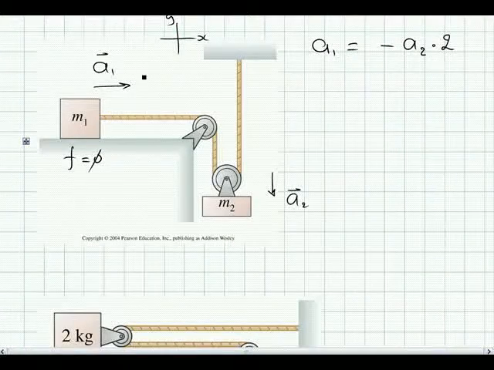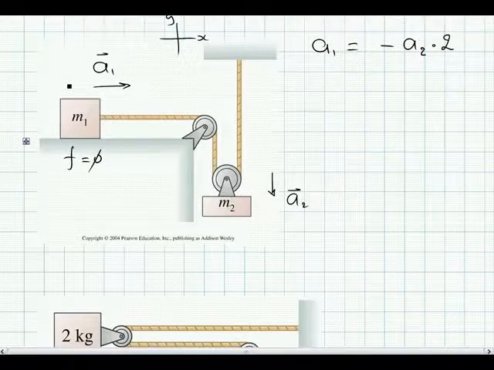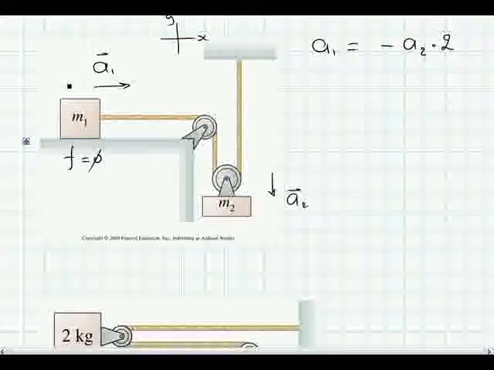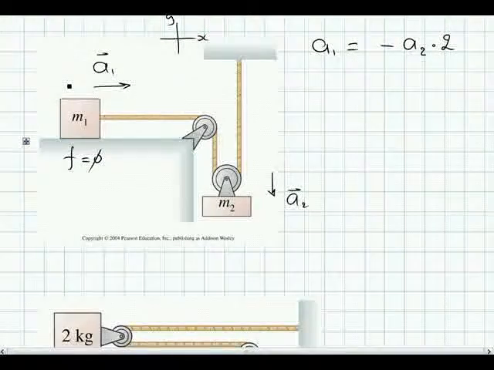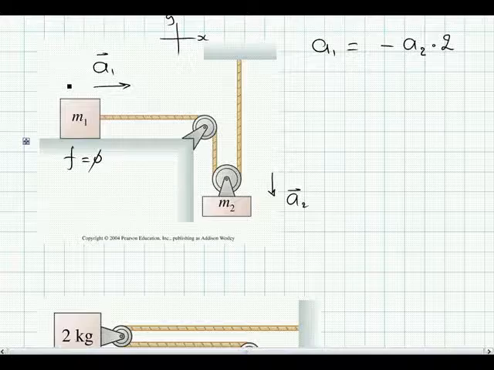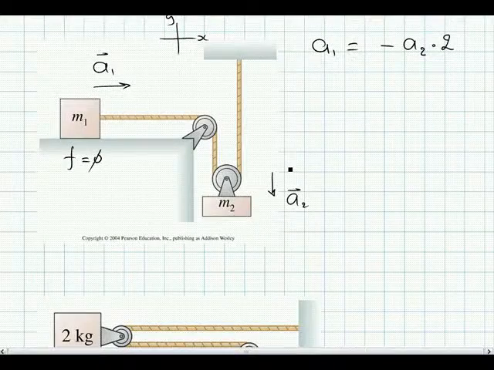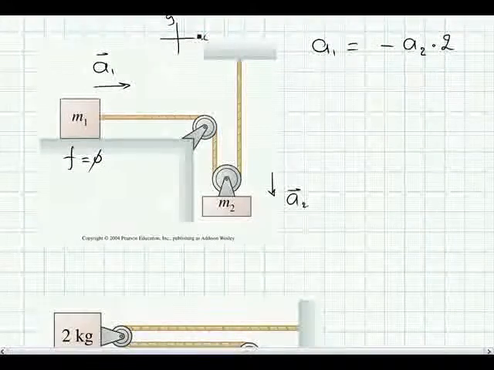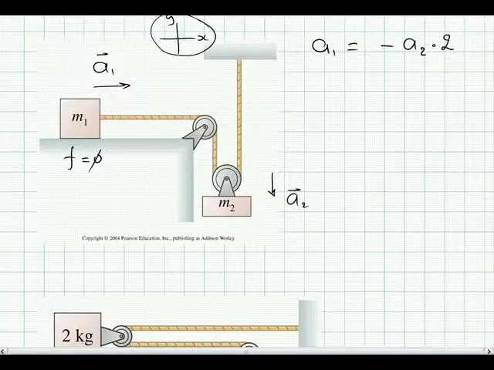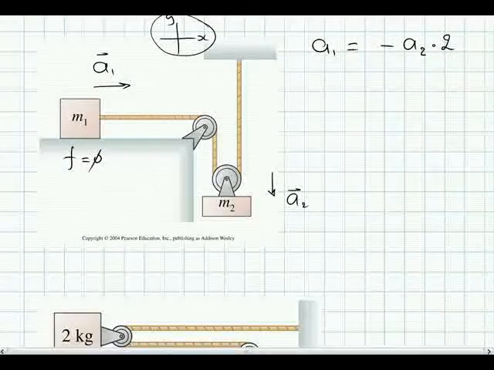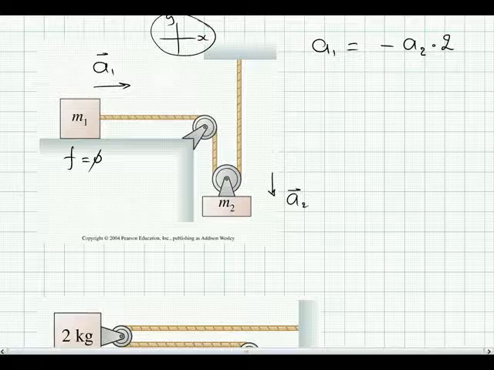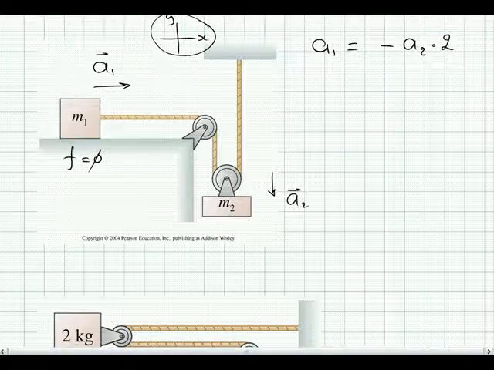So the acceleration of mass m1 is twice as much as the acceleration of m2. Of course, there's a negative sign too because a2 is pointing downwards, a1 towards the right, since we choose this as our conventional Cartesian coordinate system, thus the negative sign.